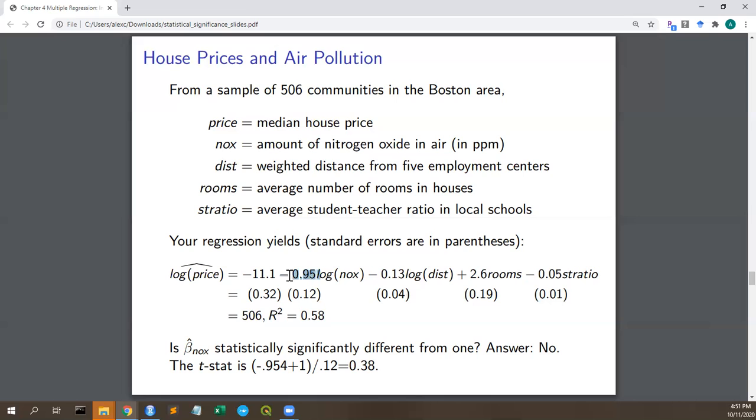You want to see if it's statistically different from 1; it should actually be a -1. But that's fine. You would just redo this t-test with negative 0.954 minus 1 divided by 0.12, and you'd be able to find a t-stat. If it's different from -1, then it would be a +1, and you would have this really small t-stat, where this might be different from 0, meaning R might tell you it's significant, but if you're comparing it to 1, then it's a different test.